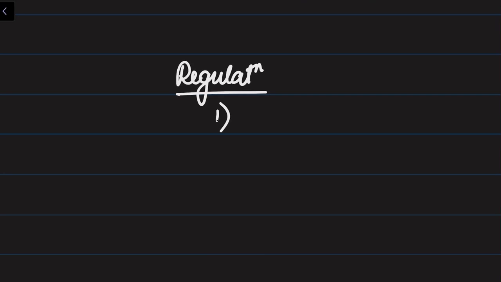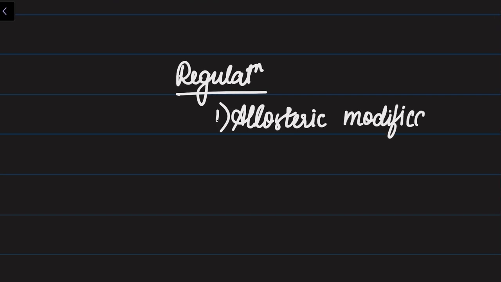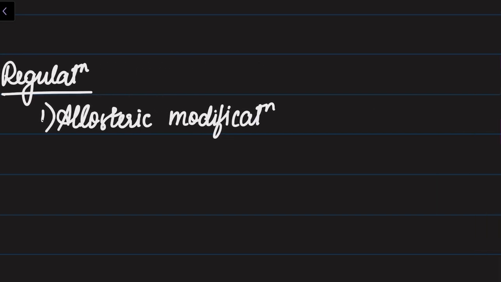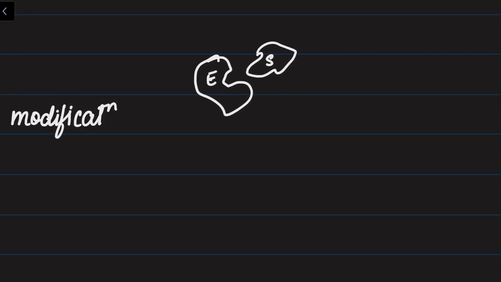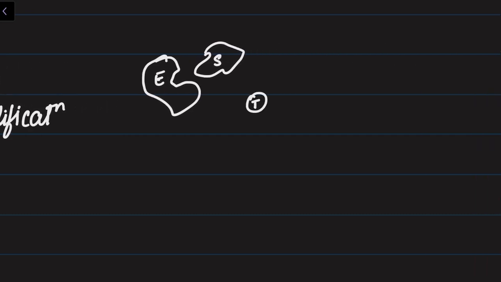First is allosteric modification. Again, I will make a video on allosteric modification if you don't understand it properly. But basically, it just means you have an enzyme, and then you have a substrate, and then you have an inhibitor. The inhibitor does not resemble the substrate.